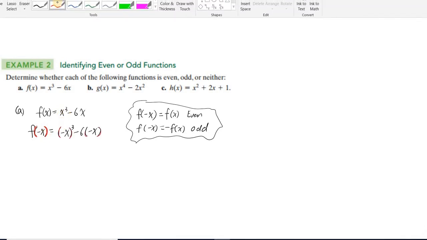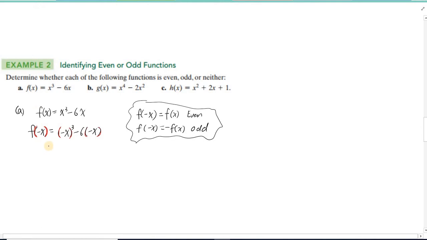Once we have this, we're going to simplify a little bit. Since it's a negative number raised to an odd power, I'm going to have negative x to the third power. You can think of this as negative 1 to the third power, which gives you negative 1. That's where that comes from. And then here that will be plus 6x.